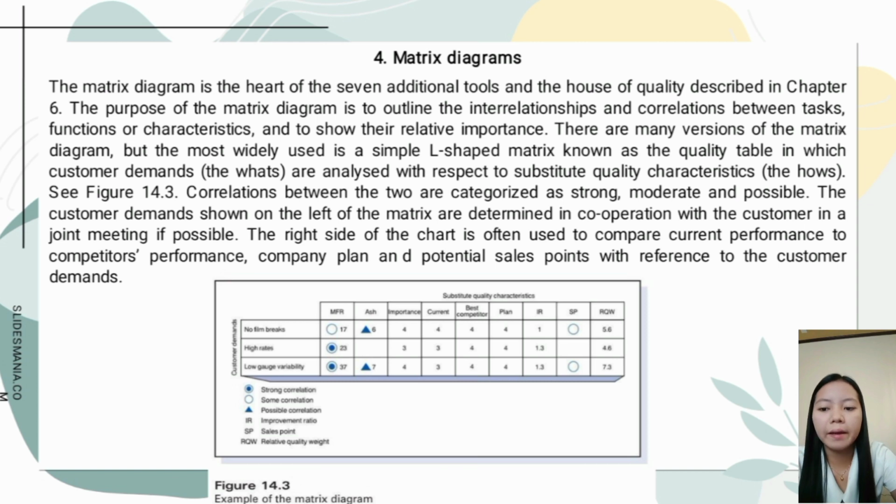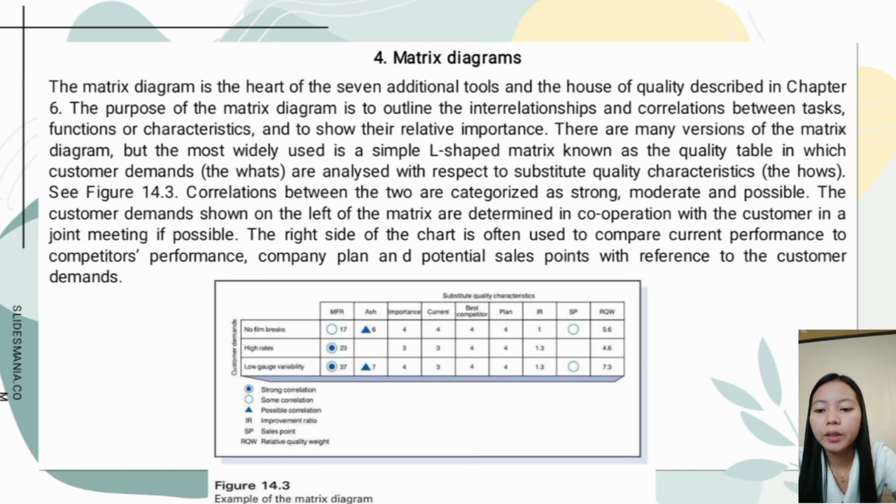So, yung matrix diagram daw is the heart of the 7 tools. Kumbaga, kung wala itong matrix diagram na to, hindi malalaman yung interrelationships and correlations between the tasks. Yung objective ng matrix diagram ay para i-highlight yung connection and correlation between the tasks, functions or characteristics as well as their relative importance tulad ng nasa picture na to.